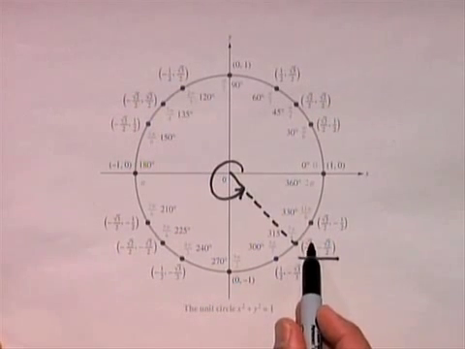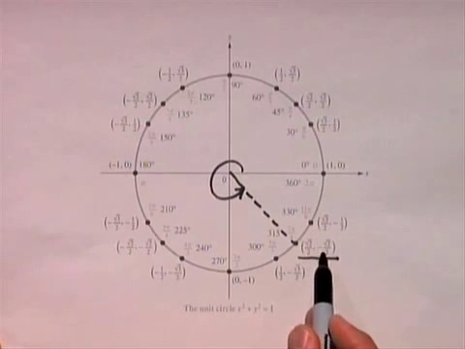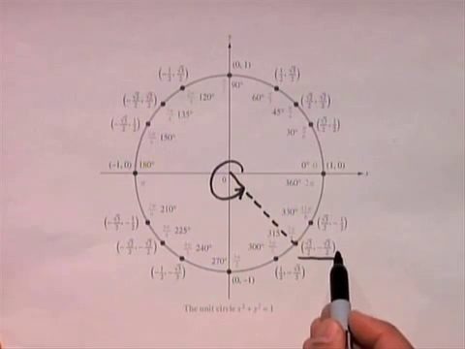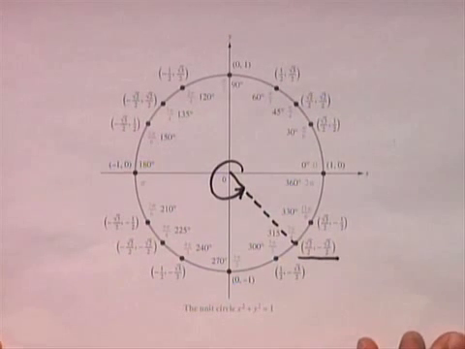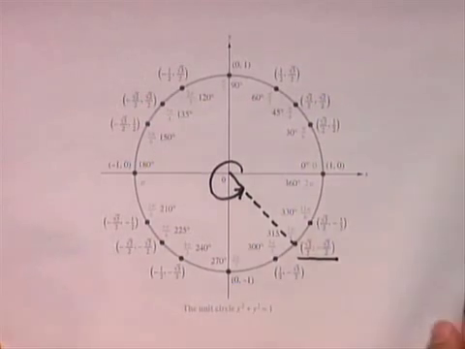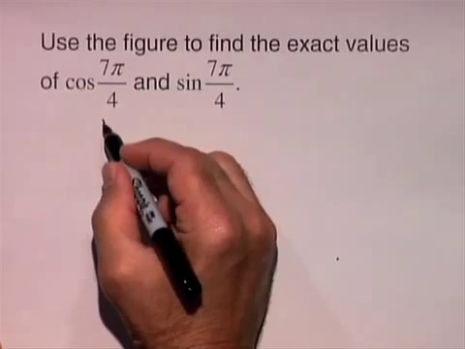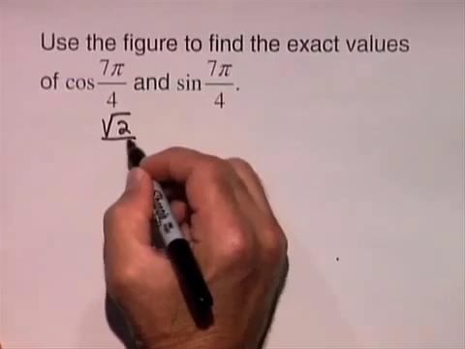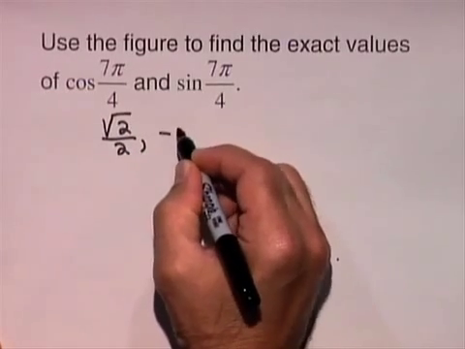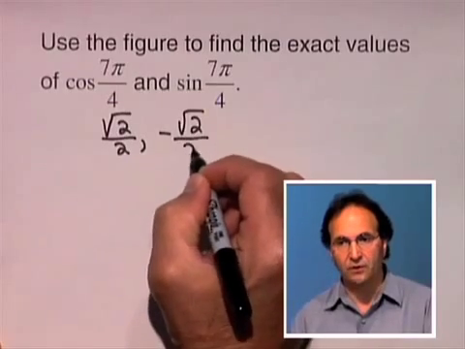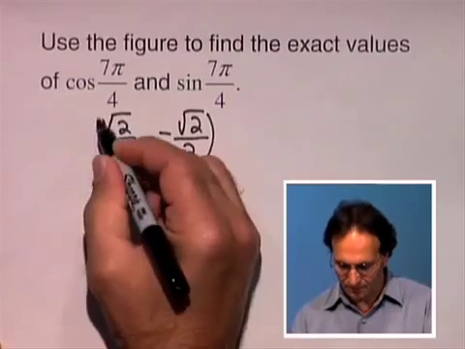That is the square root of 2 over 2, comma, negative the square root of 2 over 2. So let's write that point down. We have the square root of 2 divided by 2, comma, negative the square root of 2 divided by 2.